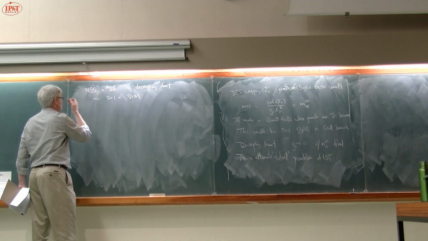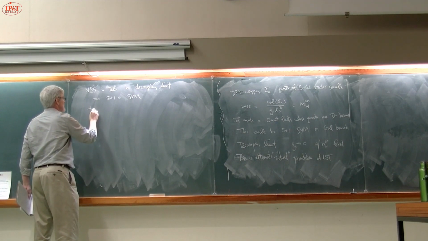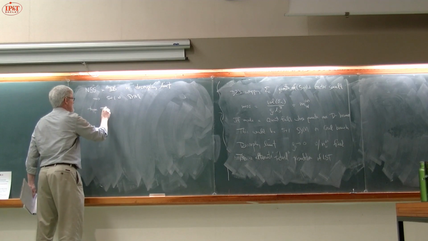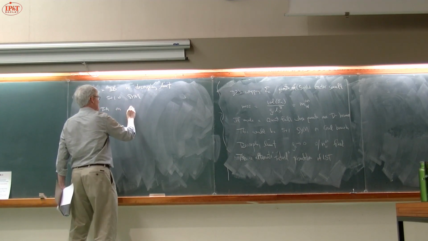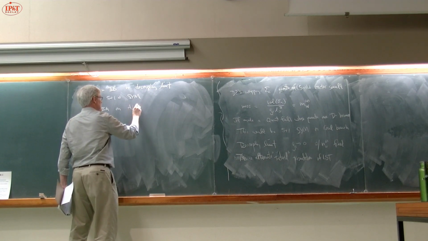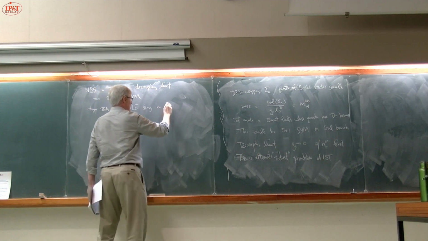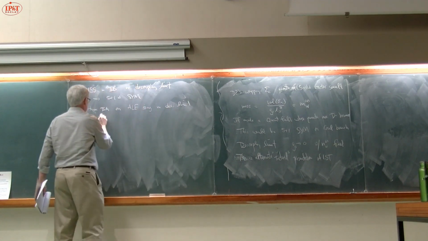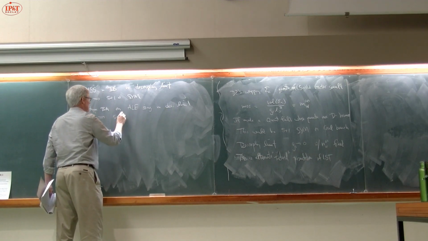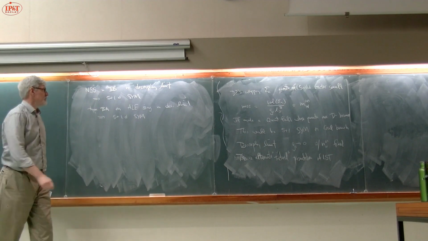And then we also have type 2A on an ALE singularity in a very similar decoupling limit, and that also gives 5+1D super Yang-Mills.